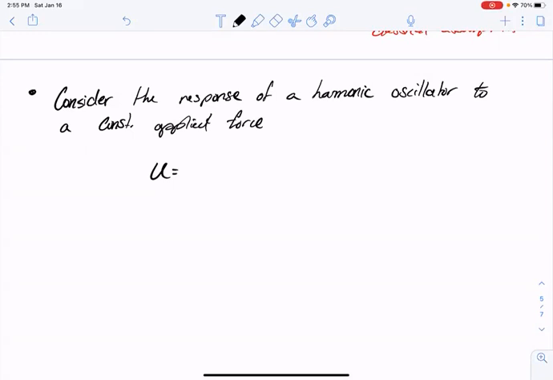So if initially we had a harmonic potential in which deviations of x from its equilibrium position resulted in an increase in its potential whose rise depended on the value of its inverse spring constant alpha, we can apply a constant force by subtracting from that potential minus f, the magnitude of that force, times x.